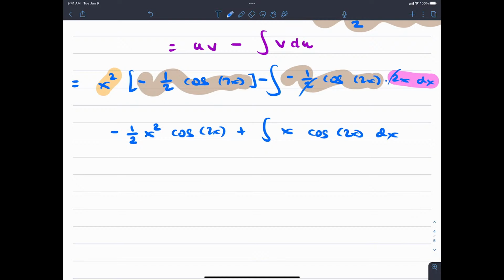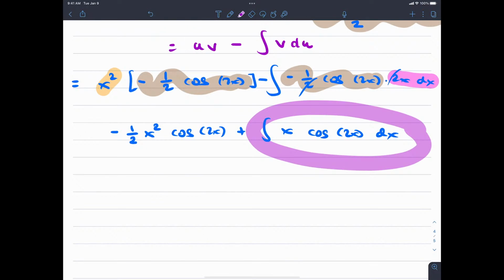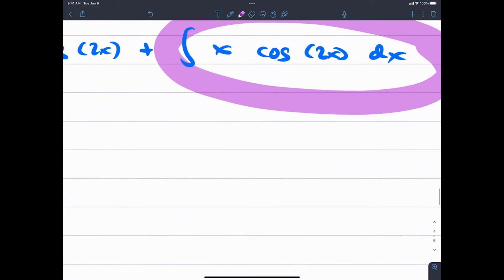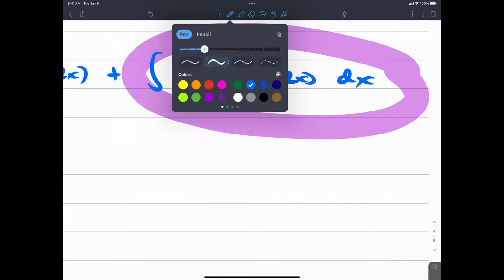So at this point, ladies and gentlemen, you might say, what do I do here? Well, we have to integrate here. Is that right? What do you guys think you have to do to integrate? This should look kind of familiar.